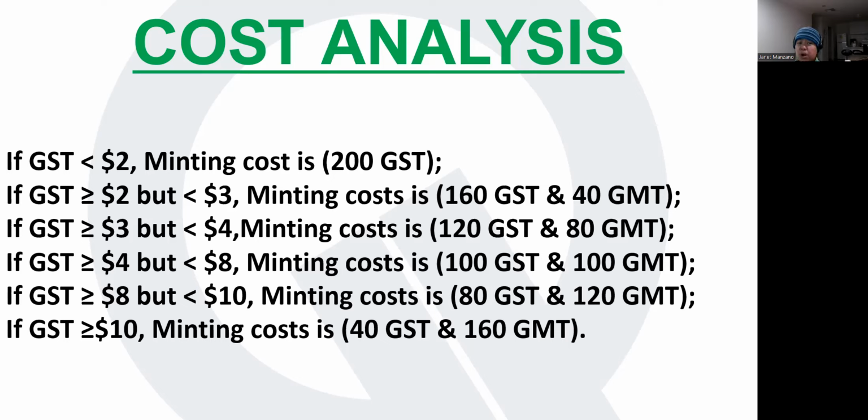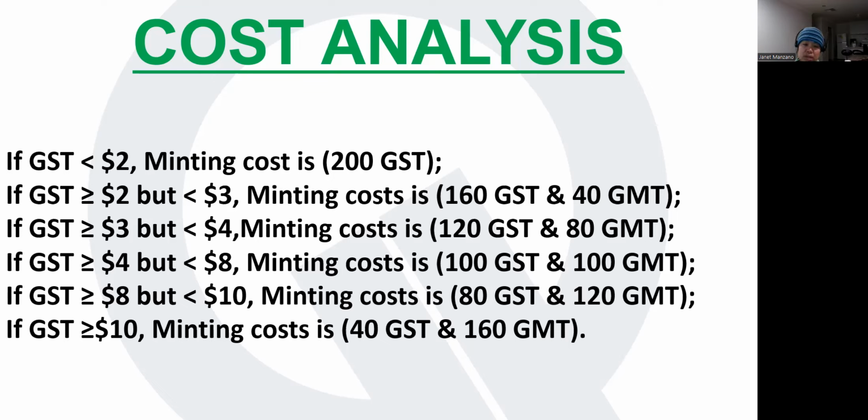Now, the problem here is, let's say GST is greater than $2 but less than 3, minting cost is 160 GST plus 40 GMT. It's hard to forecast now, mainly because we don't know exactly the price of GMT at that point in time.